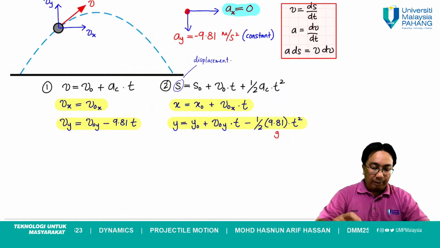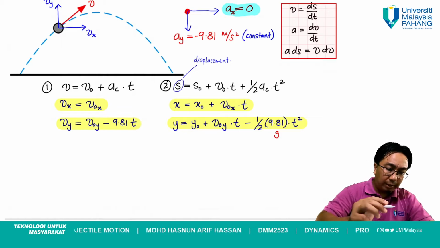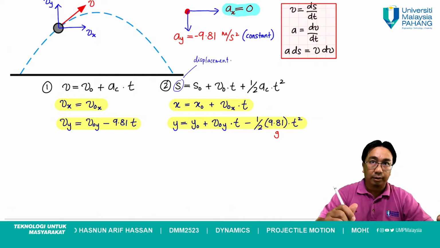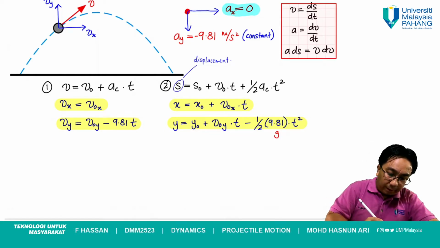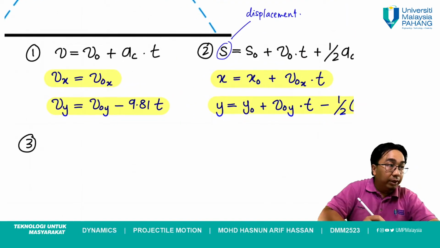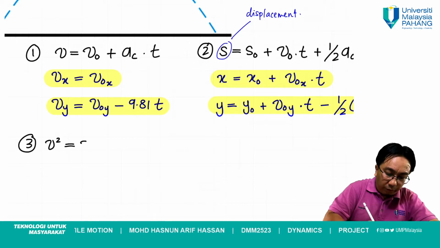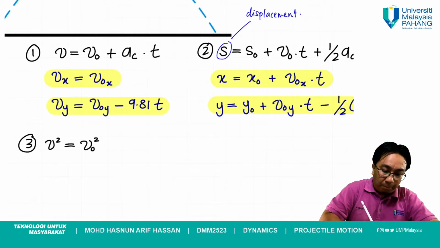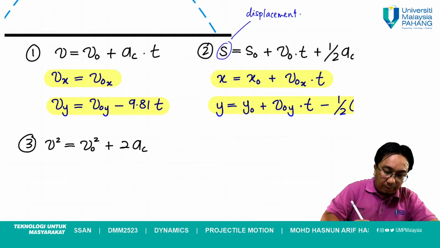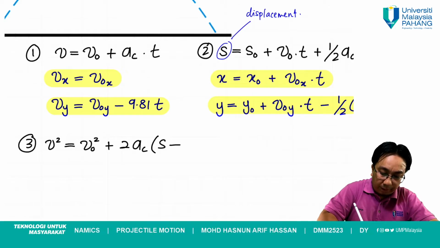Okay, then kita ada satu lagi equation untuk the case for constant acceleration yang kita belajar pada kelas yang kedua kalau tak silap saya. Okay, kita ada equation number 3 that is V square is equal to V naught square plus 2 times AC times S minus S naught.